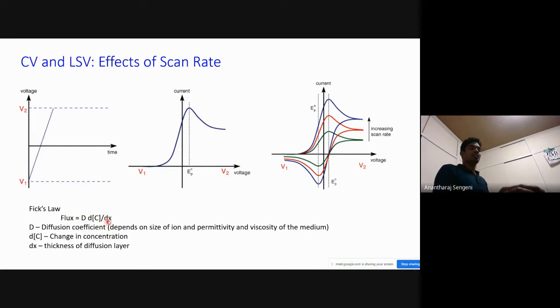Dx is nothing but the thickness of the diffusion layer. Okay, this is the change in concentration. So at any given point of the diffusion layer, the concentration can be related with the flux of the electroactive species reaching the electrode surface using Fick's law. So this is directly answering our question why, with increasing scan rate, we see increasing current density.